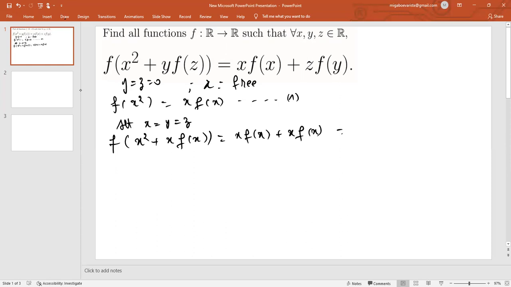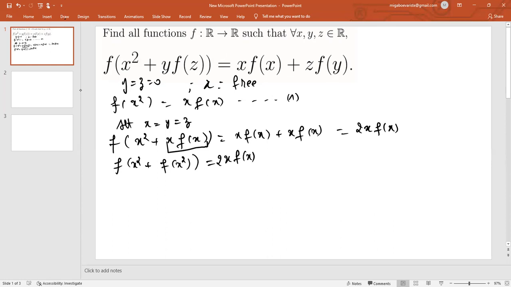Now, this is just the same as 2x times f of x. Now, I'm going to replace this by its equivalent expression, which is f of x squared. Now we have f of x squared plus f of x squared equals 2x times f of x.